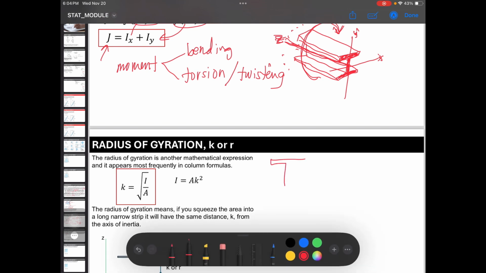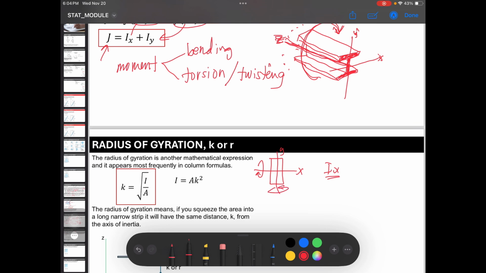So, meron tayong I-beam. Simplihan natin, rectangular na lang. Rectangular na patayo. So, ito yung X and Y niya. So, pag nirotate mo to, Ix ang kailangan mo moment of inertia.